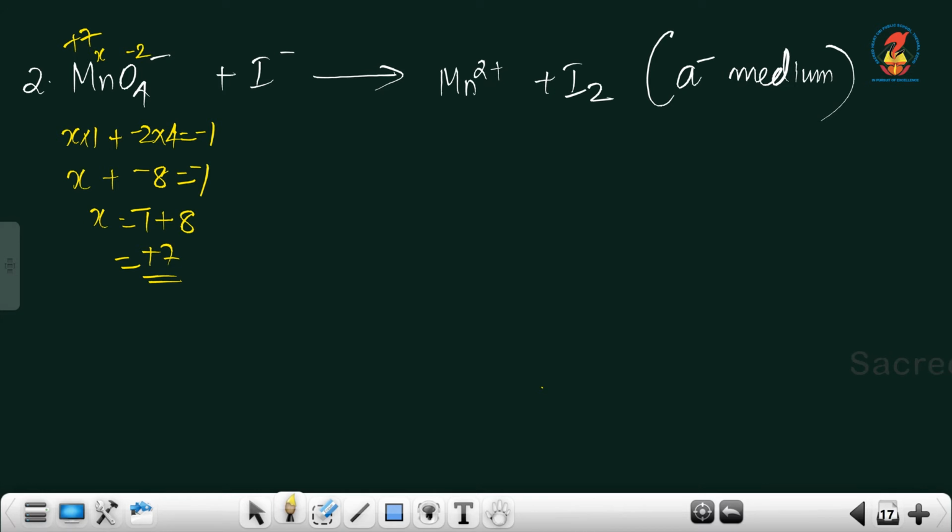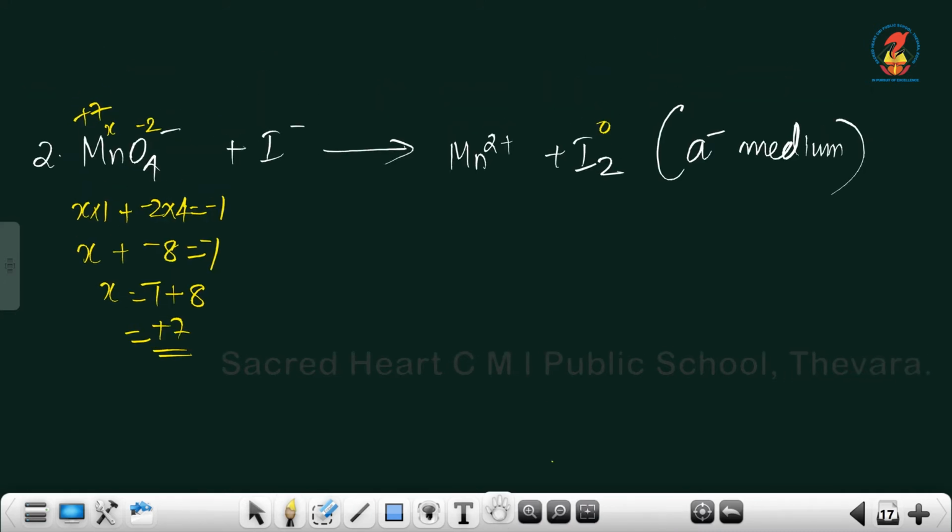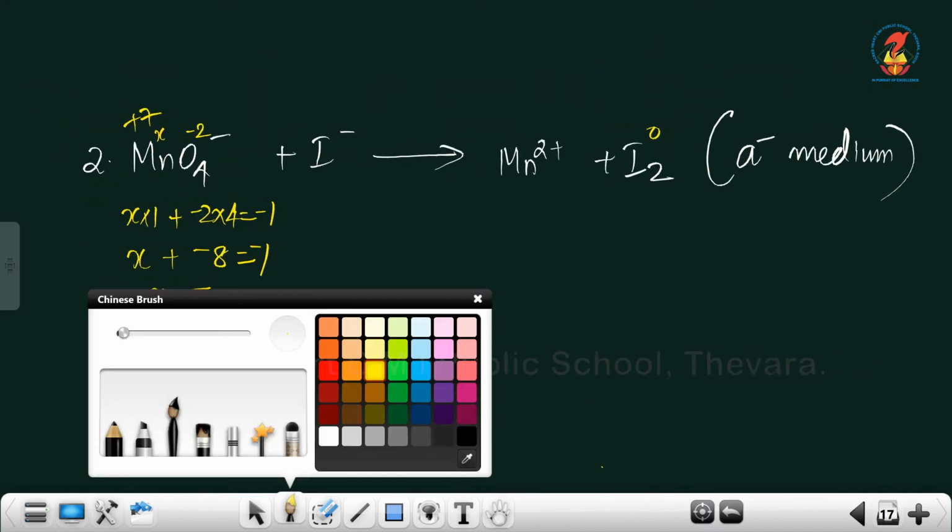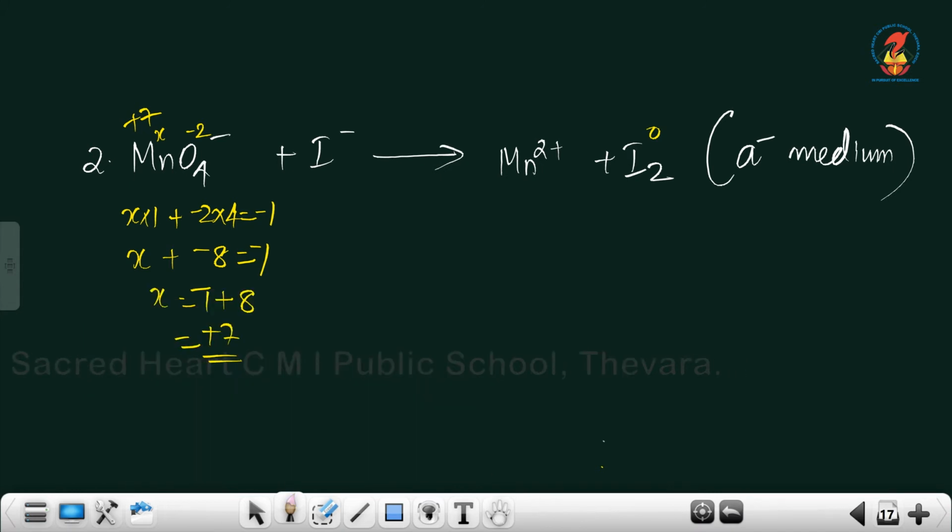Iodine here is given as -1. Here it is +2 for manganese, and here iodine in the free state means 0. From this we have to identify the species undergoing oxidation and reduction. See the change in oxidation state of manganese.